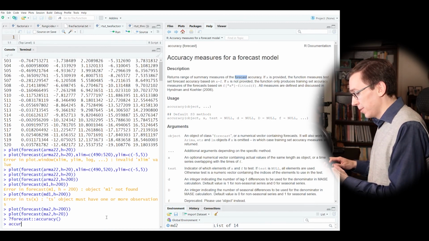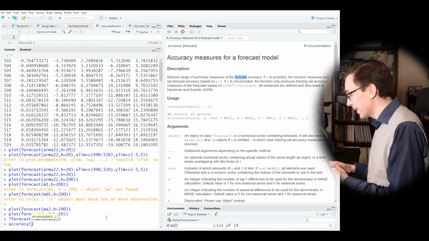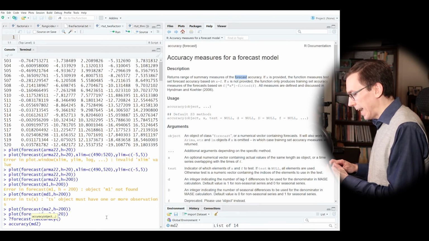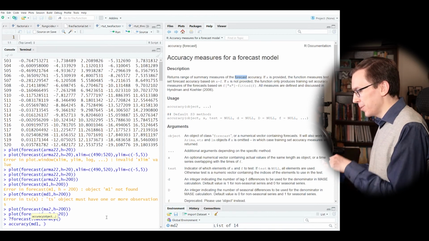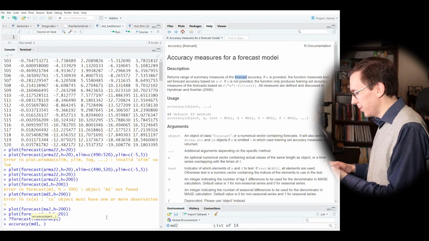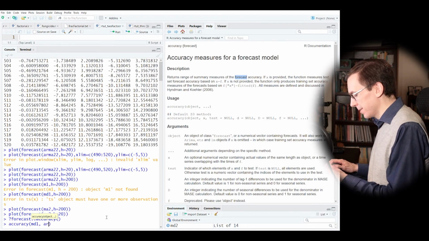And what we get is, well, a couple different things. So I think what we should be able to do is plug in our model like MD1, which was the model fit with the ARMA 2, and we should be able to give it our data, which is ARMA 2, I think.